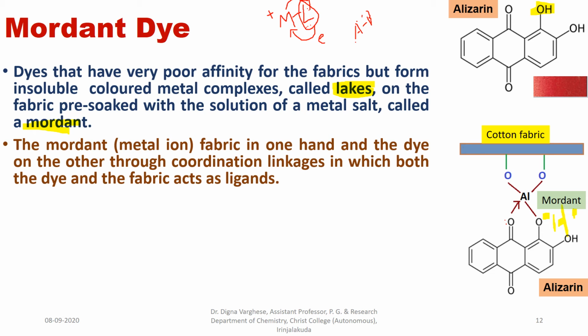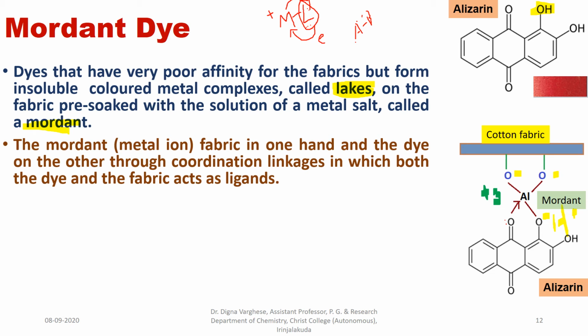Here the cotton fabric also contains an OH group and it also forms a strong bond with the O minus. Aluminium is in the plus 3 oxidation state.